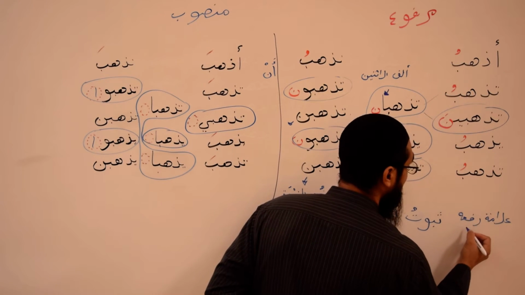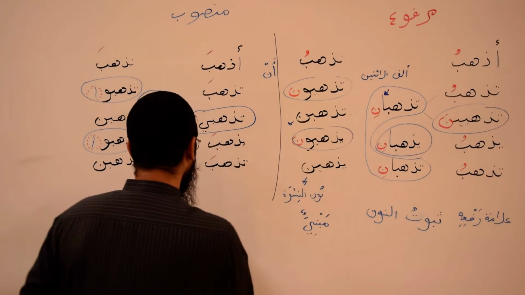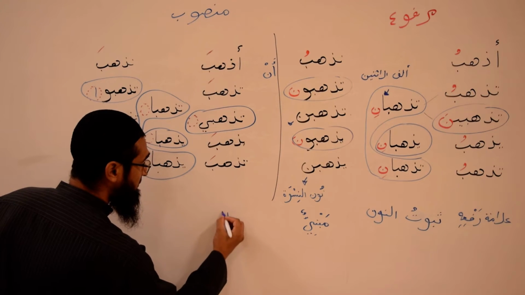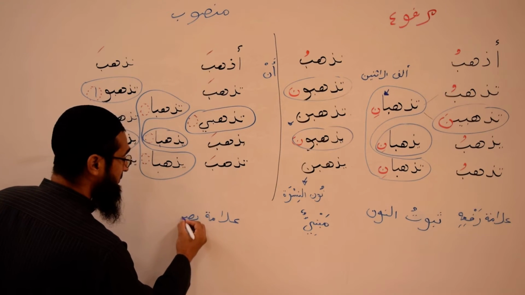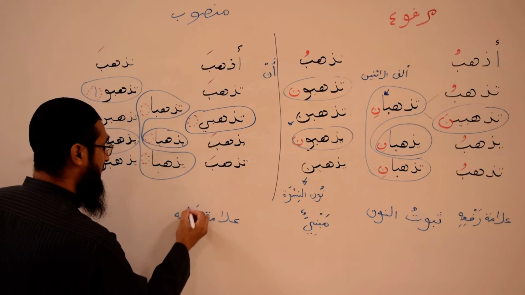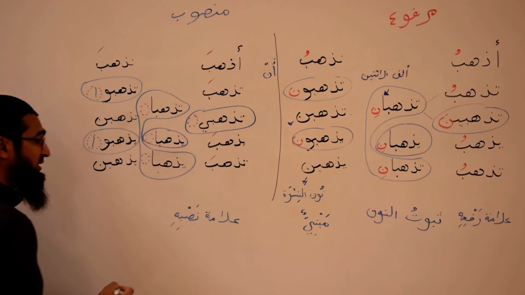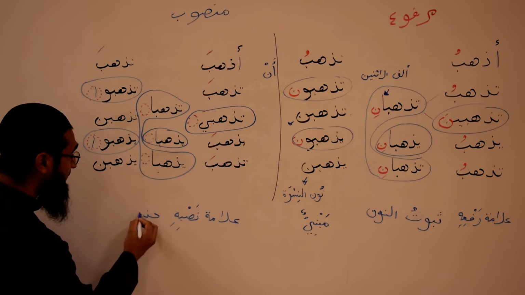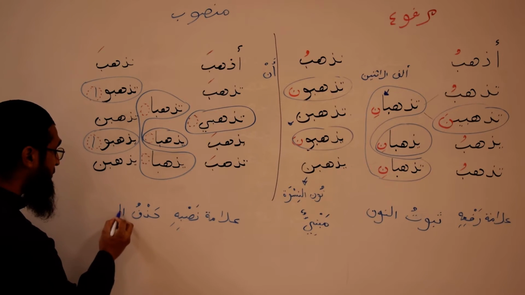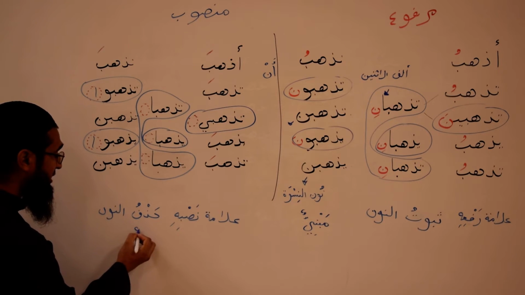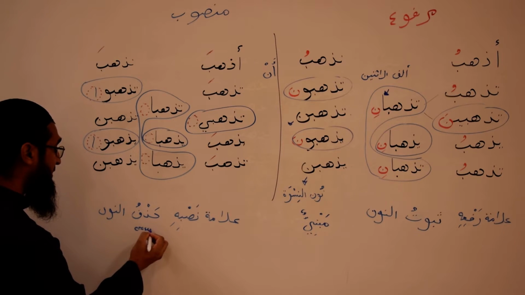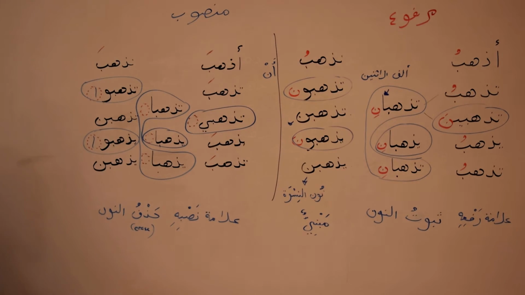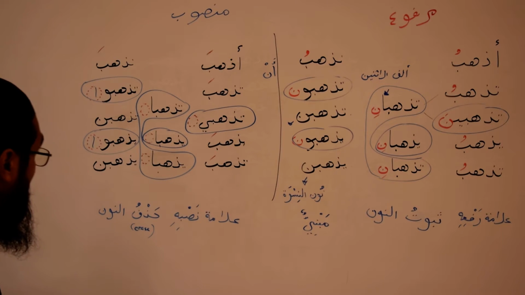Sign of it being marfu'. And here would be alamatu nasbihi. The sign of it being mansub, nasb, is hadhfu noon. Hadhf means erasing, to erase. Right? Erasing of the noon. Hadhfu noon. Alright, you see that? And we'll see examples in the next part of the video.